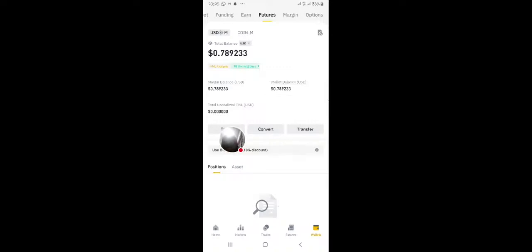This is a trading account. So, on this future here now, there's two options here. You have coin M and USD. So, in Nigeria here, we don't have USD. We don't actually get USD.